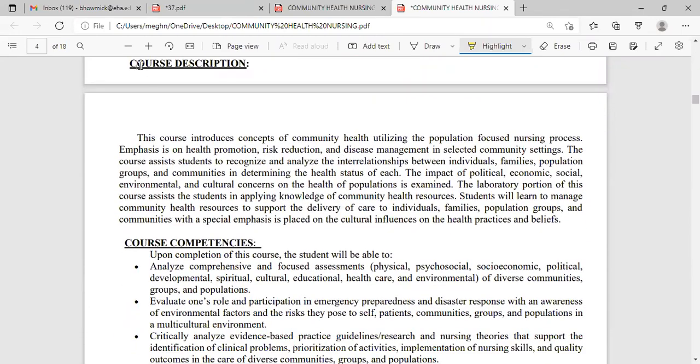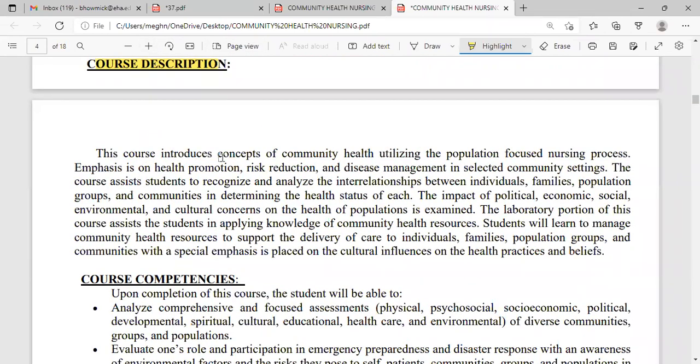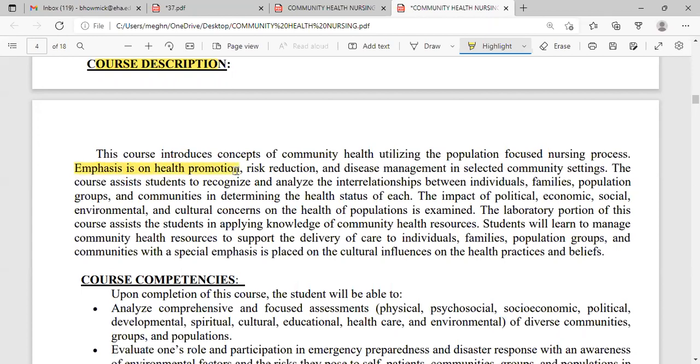Now, the course description. This course introduces the concept of community health, utilizing the population focus and the nursing process. Also, emphasis is on health promotion, risk reduction, and disease management in selected community settings.